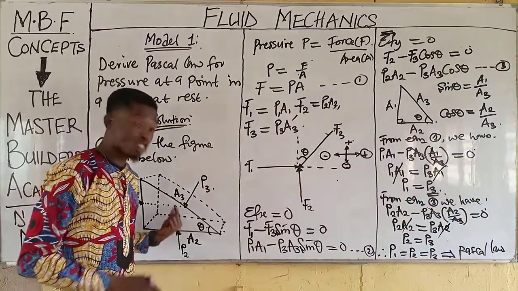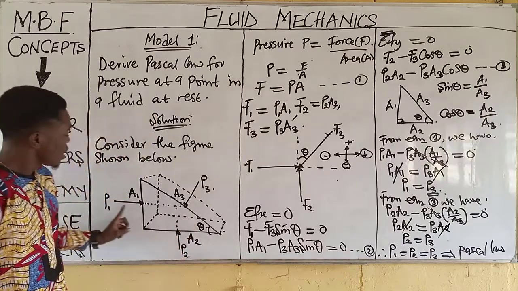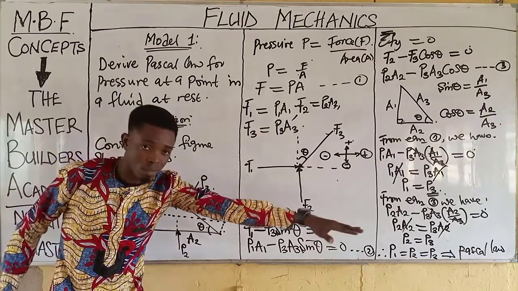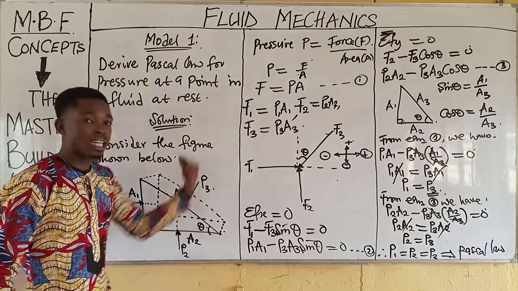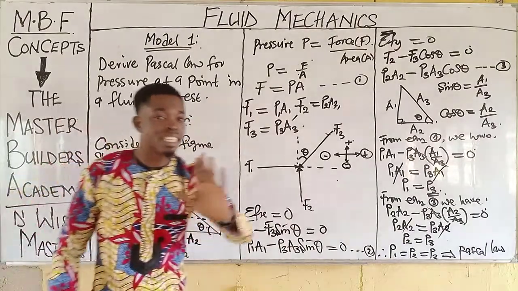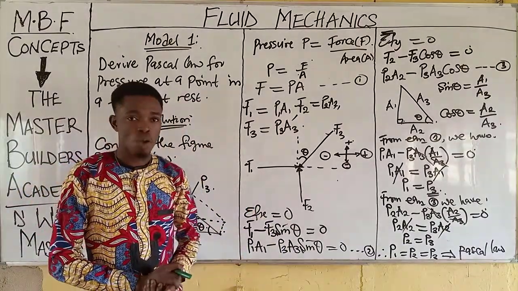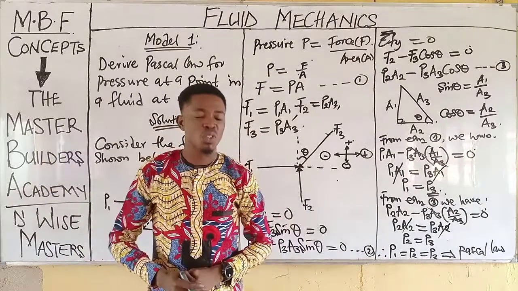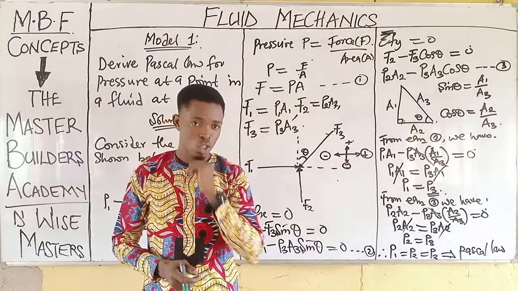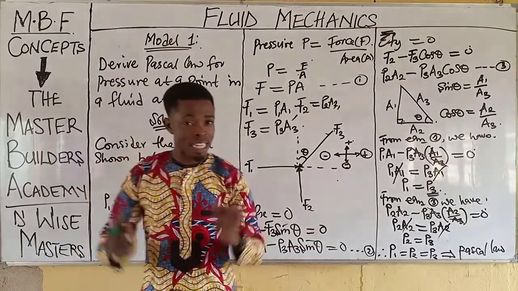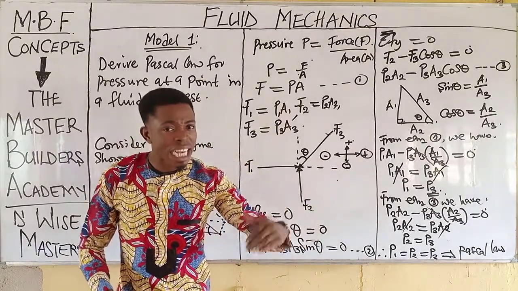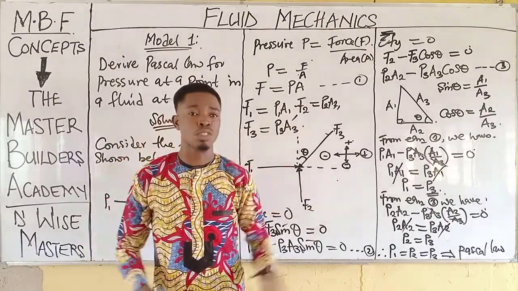What Pascal is trying to say here is that the pressure in the X direction, the pressure in the Y direction, and the pressure in the Z direction are the same, provided that the fluid is at rest. So whenever a fluid is at rest, the pressure in any direction acting on that fluid is constant.